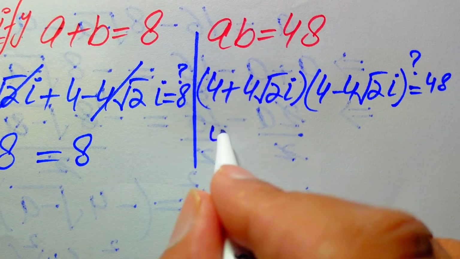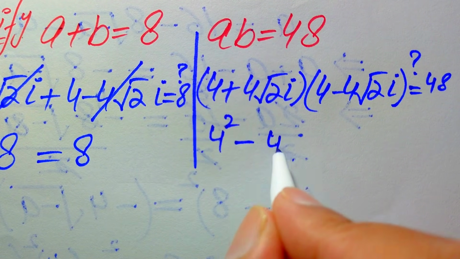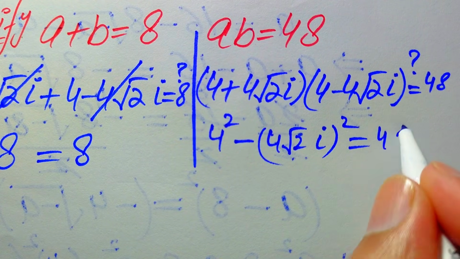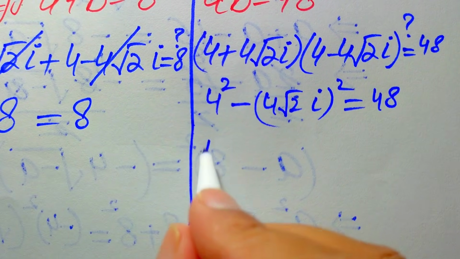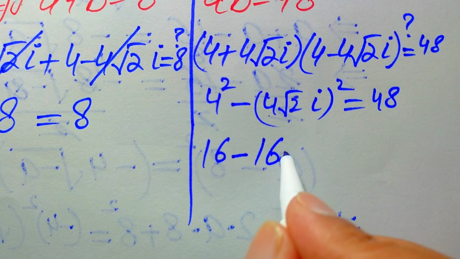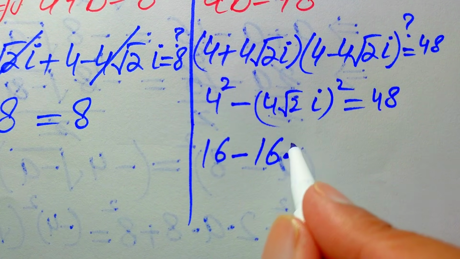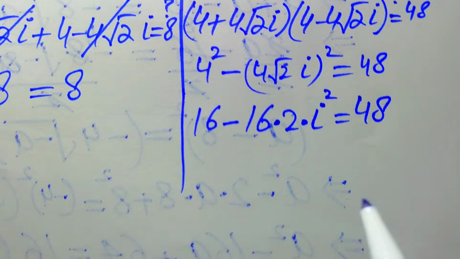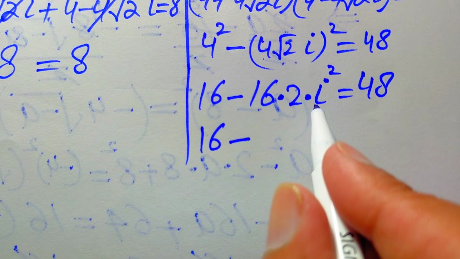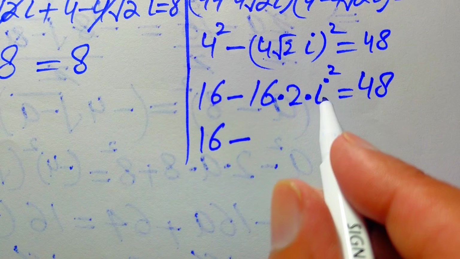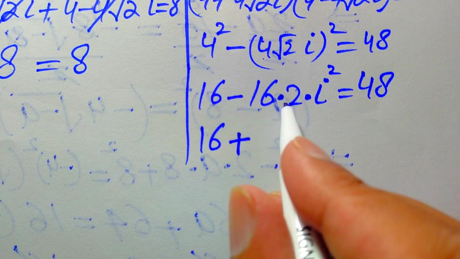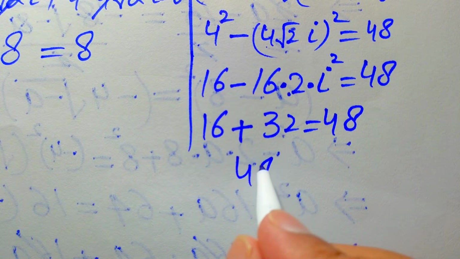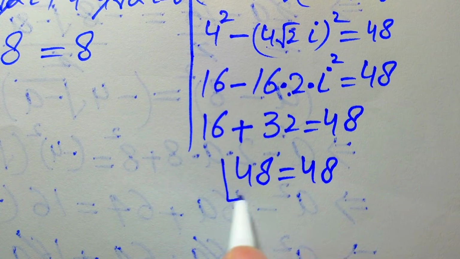Here we use the algebraic formula and we write 4 square minus (4 times square root of 2 iota) square is equal to 48. 4 square becomes 16, and the square of 4 becomes 16, and the square of square root of 2 becomes 2, and the square of iota. We know that the value of iota square is minus 1, so this minus and minus becomes plus, and 16 times 2 becomes 32, plus 16 is equal to 48, and we easily get 48 equals 48.